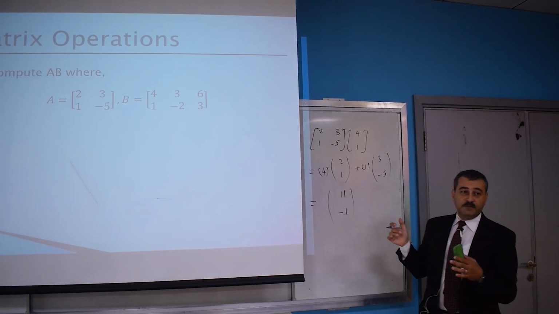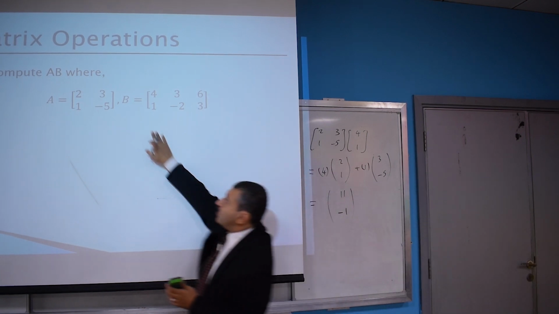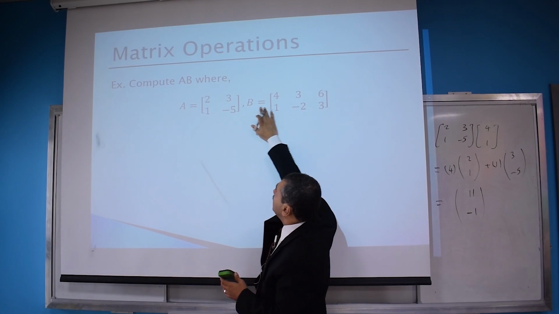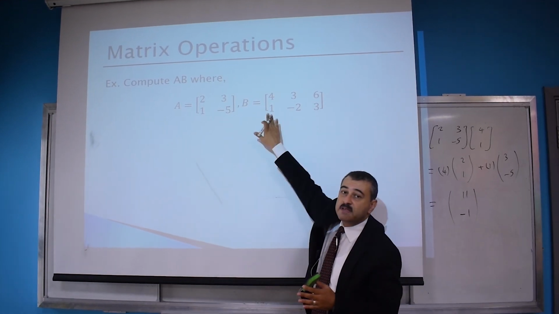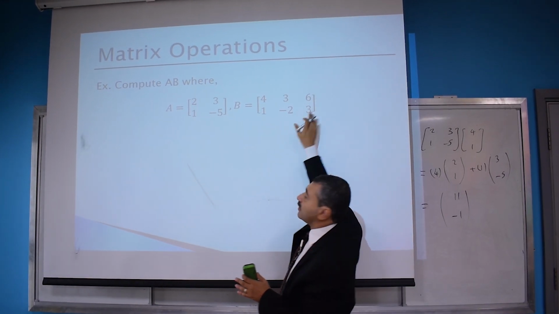Let's extend this definition to matrix multiplication. So I write the matrix B as the augmentation of several vectors. So assume B is the augmentation of these columns.